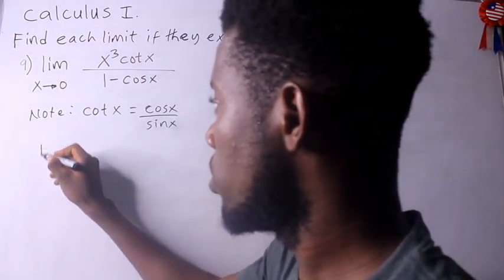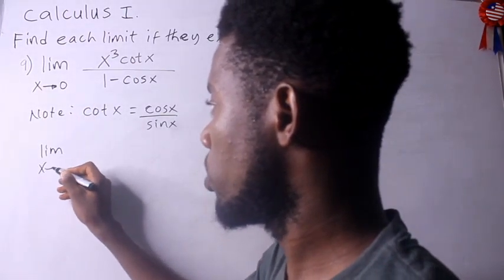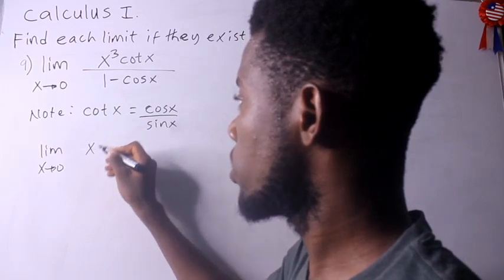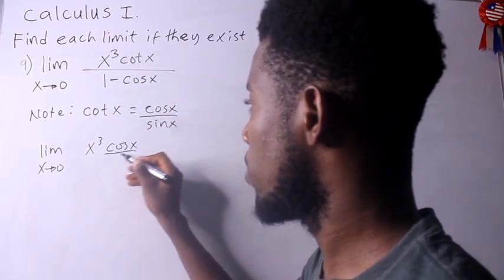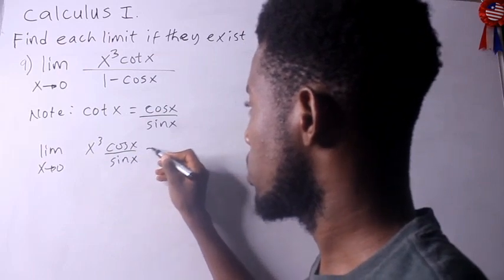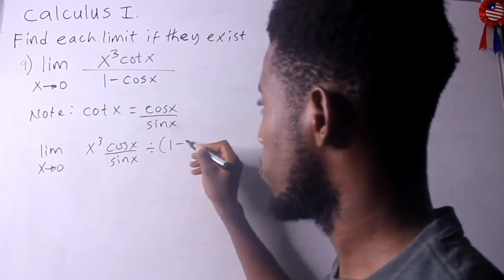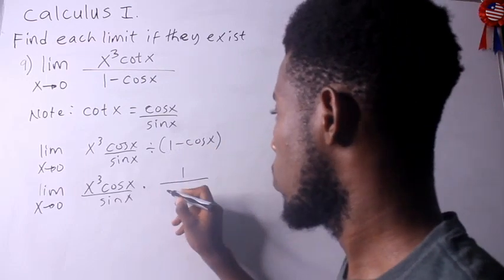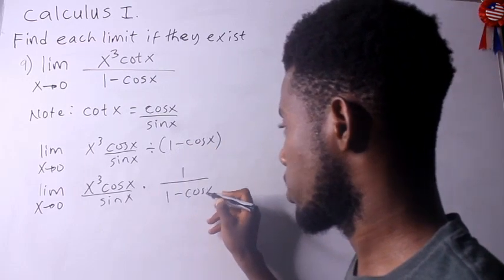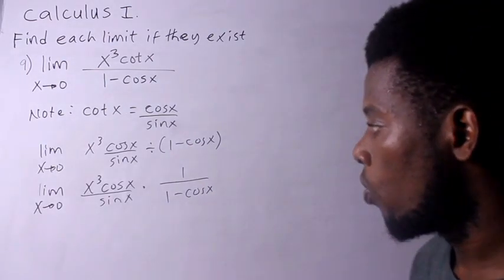So we have the limit as x approaches 0 of x cubed times cot x, which is cos x divided by sin x, and this entire thing will be divided by 1 minus cos x, times 1 over 1 minus cos x. Great.